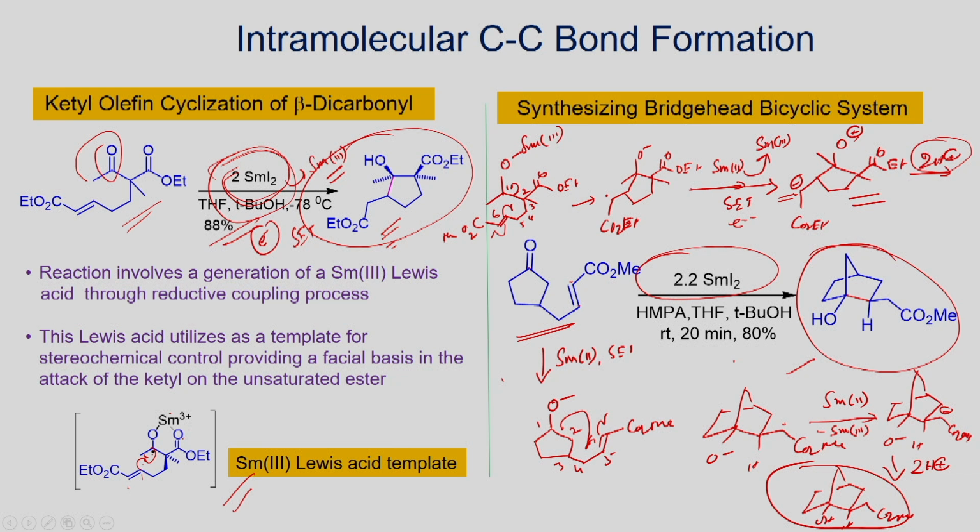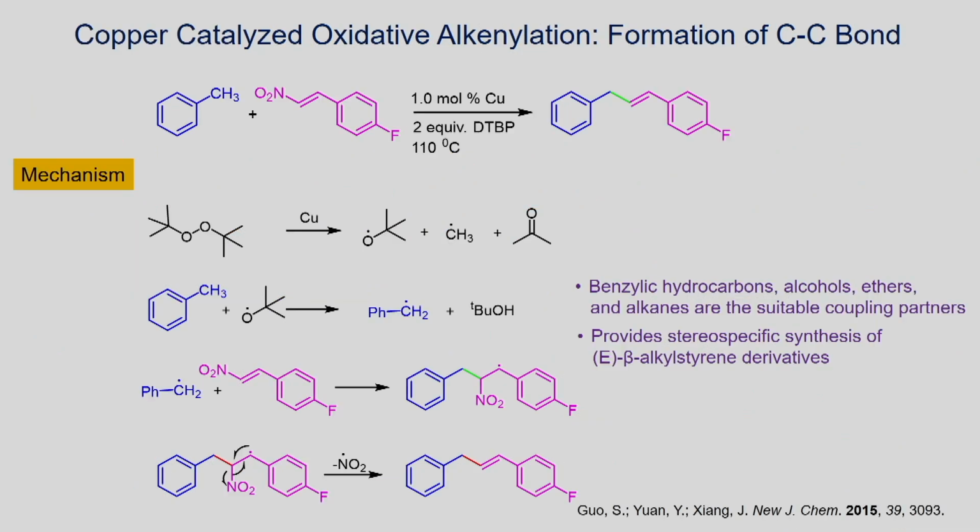As you can see here, radical chemistry plays a very important role to construct highly functionalized complex molecules. So far we have seen a few examples using samarium 2 iodide, where you can generate a ketyl radical.